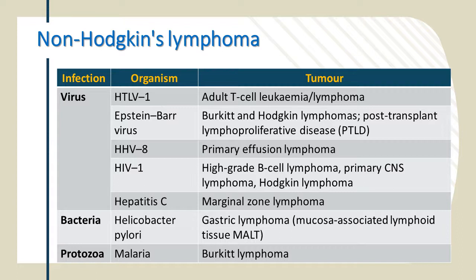As indicated in this table, viruses such as Epstein-Barr virus may develop Hodgkin lymphoma and Burkitt lymphoma, which is regarded as non-Hodgkin's lymphoma.